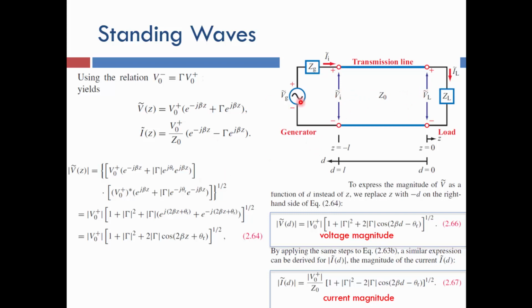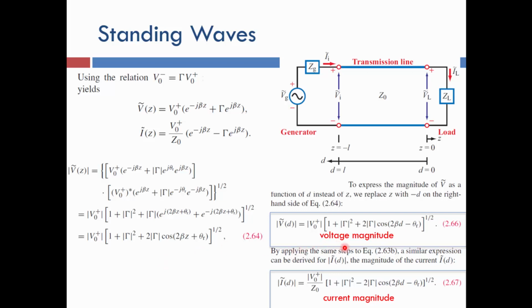The same could be said for the current. The magnitude of the voltage across the transmission line will oscillate sinusoidally depending on the position at which I measure it, and beside that, it depends on the phase between the traveled and reflected components, the phase constant, and the reflection coefficient magnitude.